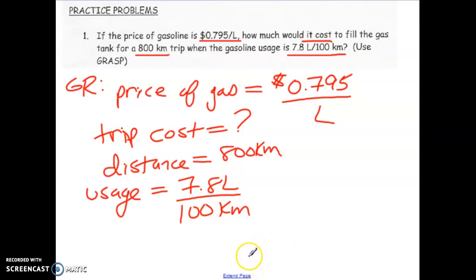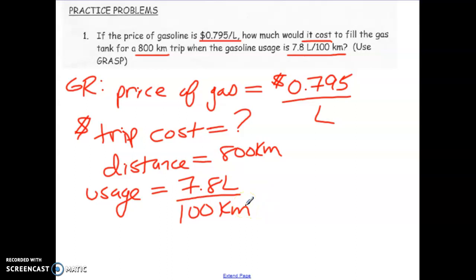There's a couple of ways that you can approach this, but really we are using dimensional analysis. Remember, our ultimate unit that we need is money. And we have a whole bunch of different things here: dollars per liter, kilometers, liters per kilometer. So there's no real formula to plug these numbers into.